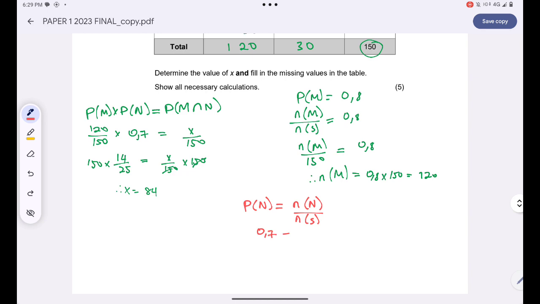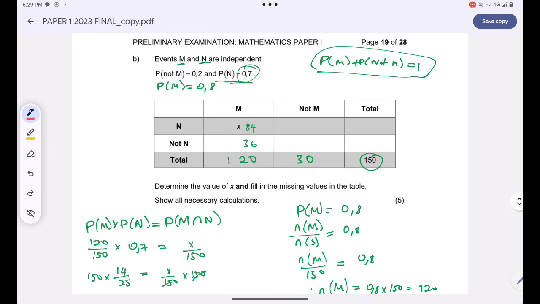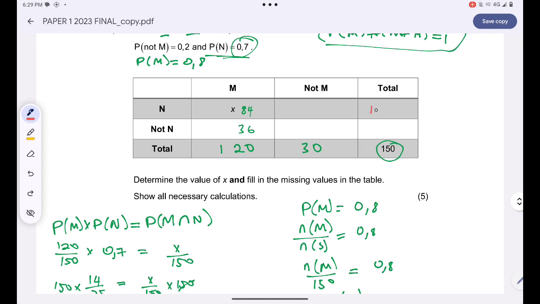That's just 0.7 equals the number of elements in event N divided by 150, which is our sample space. 0.7 times 150, the number of elements in N is just 105. So I simply have 105 over there. If that's 105, that means I have 45 there, because 105 plus 45 should give me that answer.